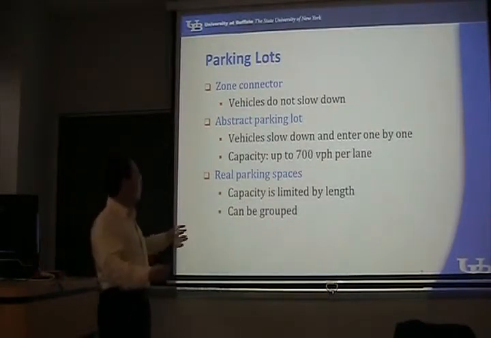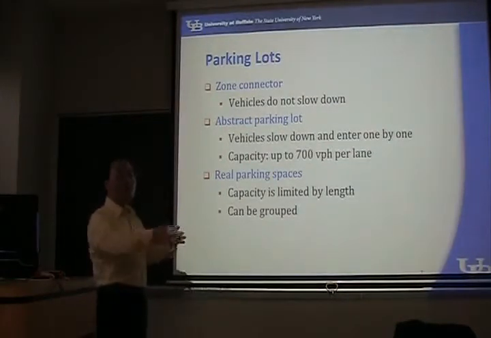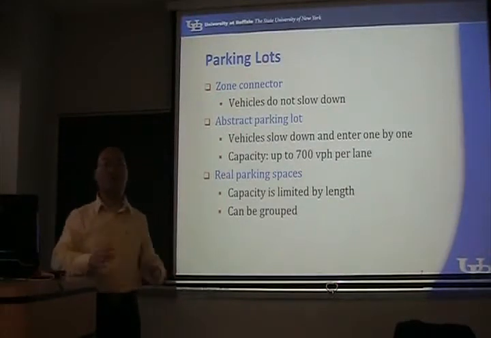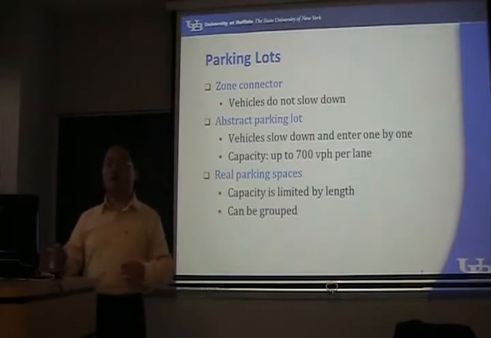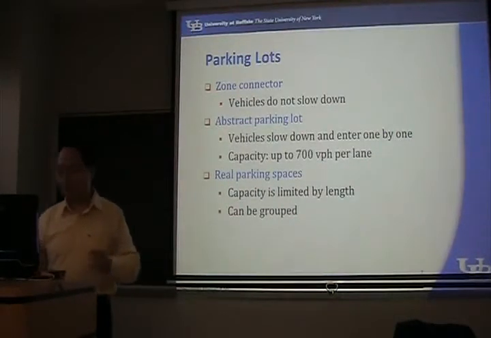And for real parking spaces, they can be grouped. So you can have one here, one there, but you can group them as one parking lot group. So the vehicles will automatically choose the one that still has some capacity, some availability.